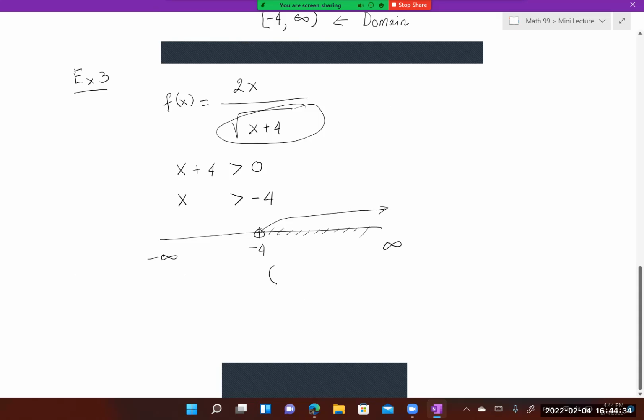Because we don't want -4, we use a regular bracket, or a parenthesis. -4 and go up to positive infinity. And this is the domain of the function in example 3.